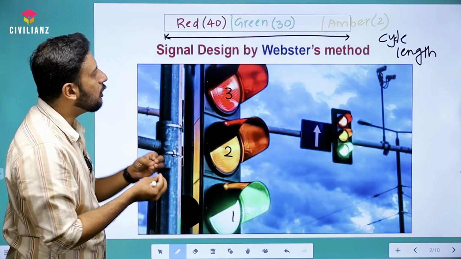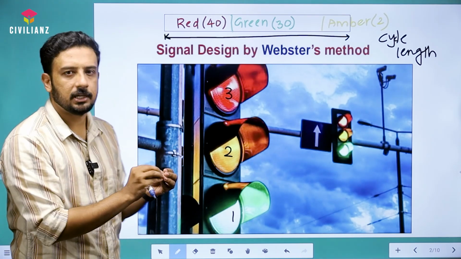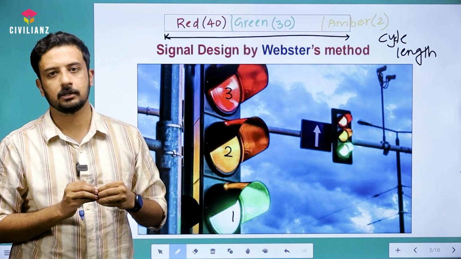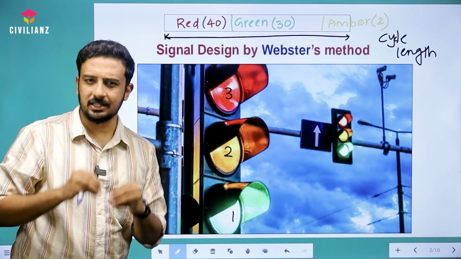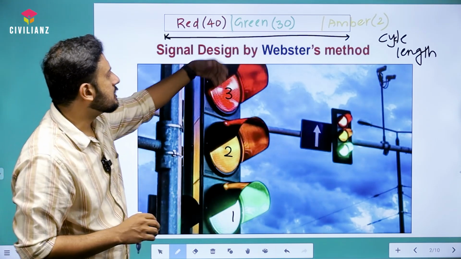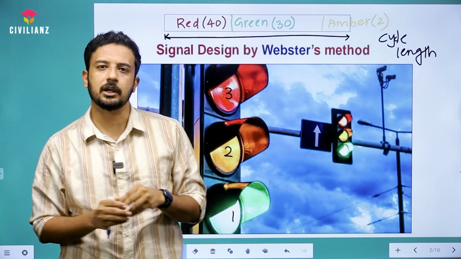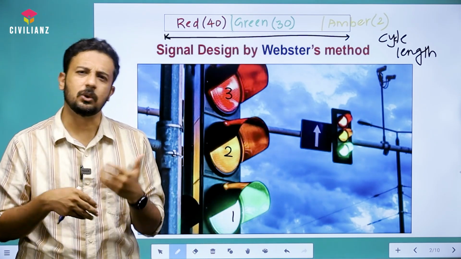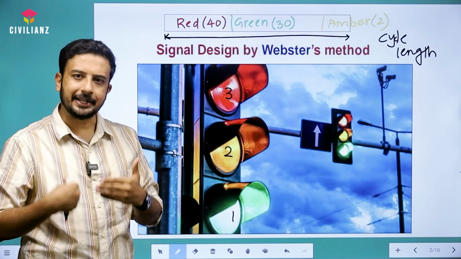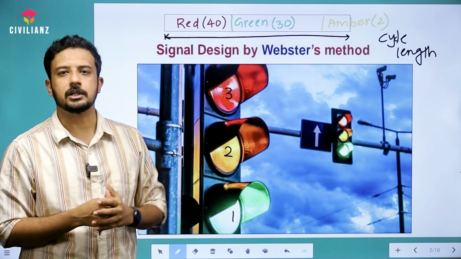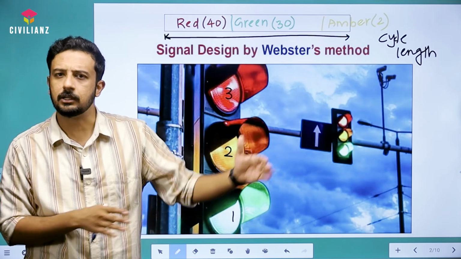Got it? Now, how much do we need to provide as signal cycle length? That is also important. Suppose the cycle length is very less, let's say instead of this 30 seconds, we are providing only 10 seconds. So what is the problem then? Suppose you are in the signal and you are getting the green signal, you may be around the 10th or 11th vehicle in the queue.